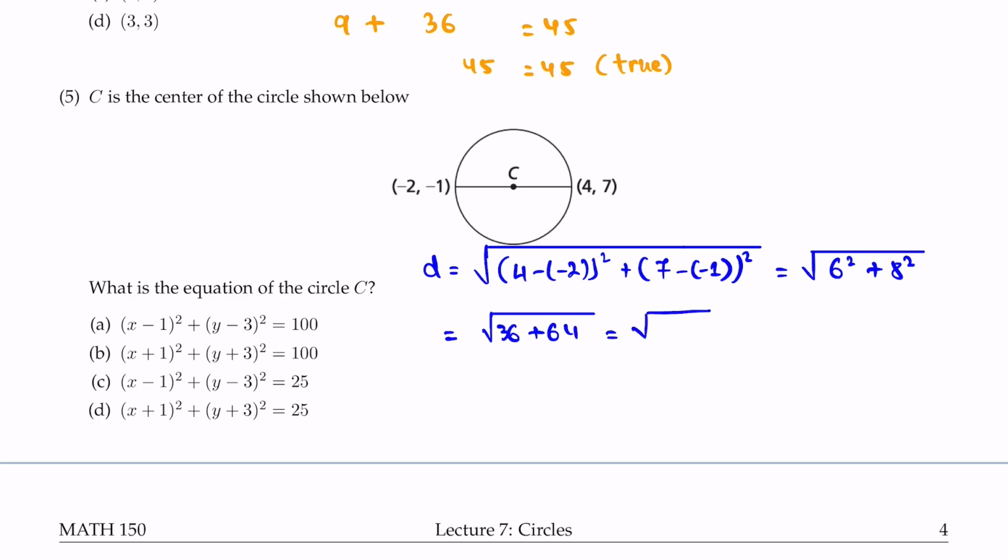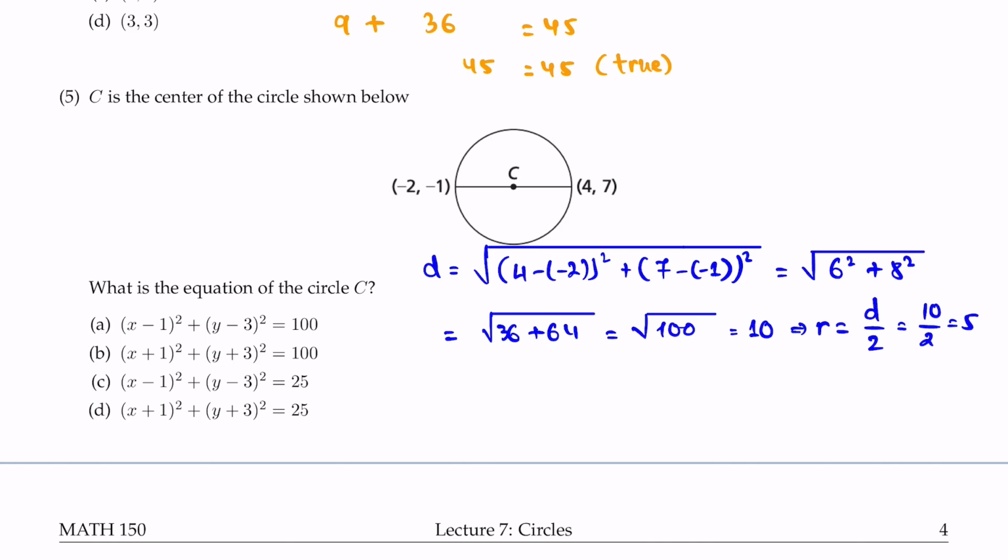This is the square root of 100, so the diameter is 10. From there, you can find the radius of the circle. With the radius equal to 5, you can automatically ignore choice A and choice B.